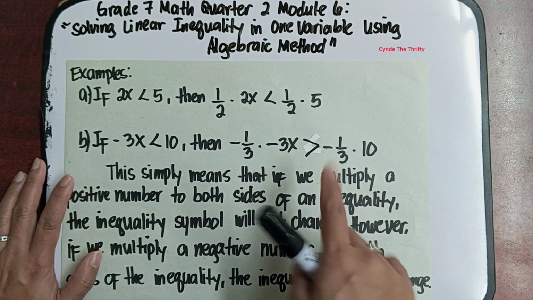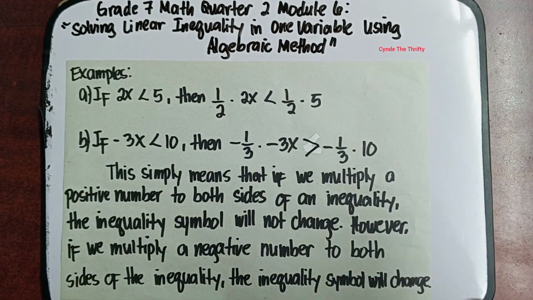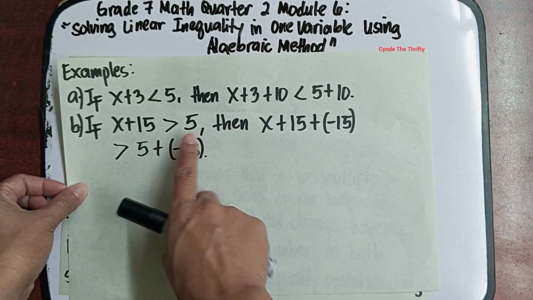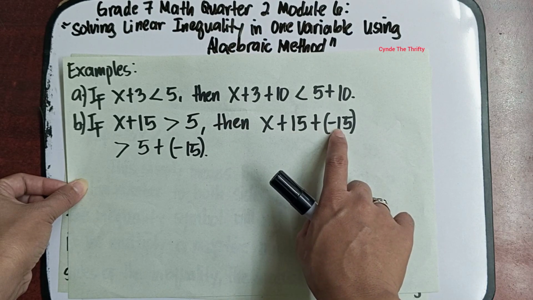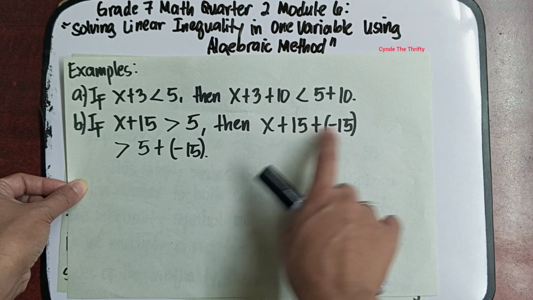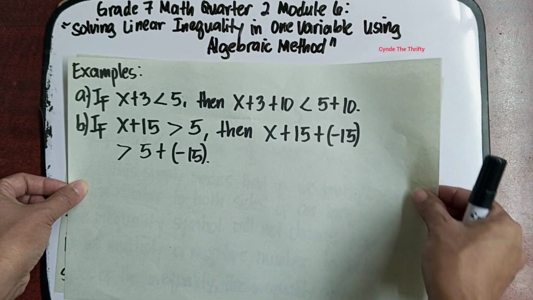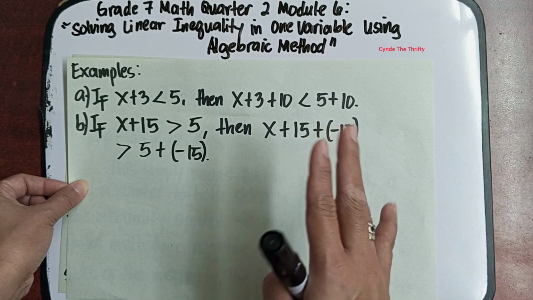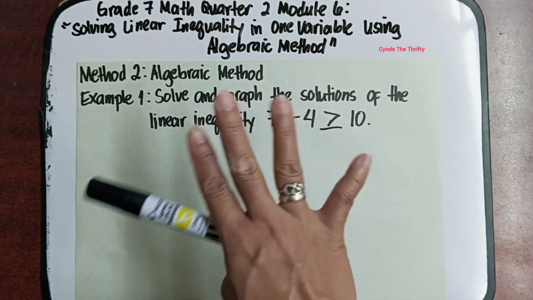And then, sa subtraction naman, para ka lang nag-add ng negative number. So, this is subtraction kasi hindi magkapareho ang kanilang sign. Kaya, wala na tayong subtraction at division kasi covered na siya pareho sa API at sa MPI. Okay, napag-aralan na natin ang 4 na properties of inequality.